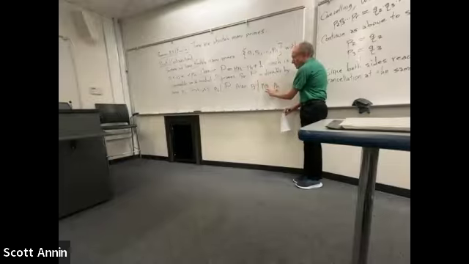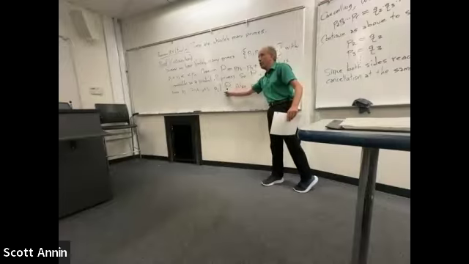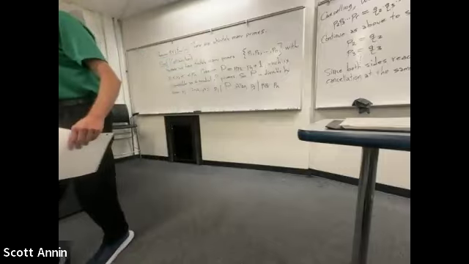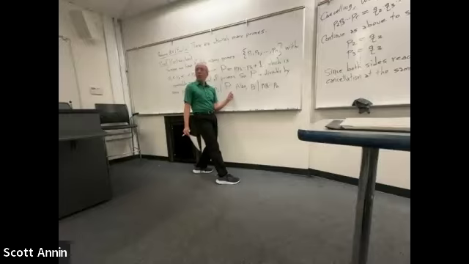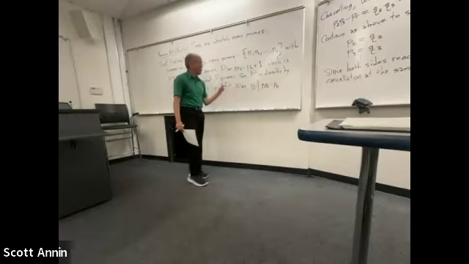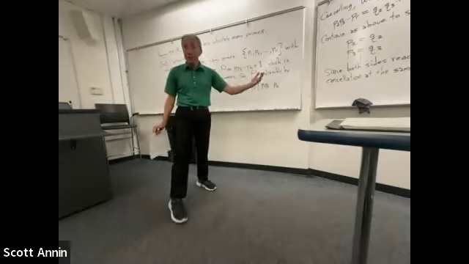So p_i divides this number and this number, which is just one more than the first one. These two things are one apart from each other, and p_i is dividing both of them. So of course it divides the difference of them.